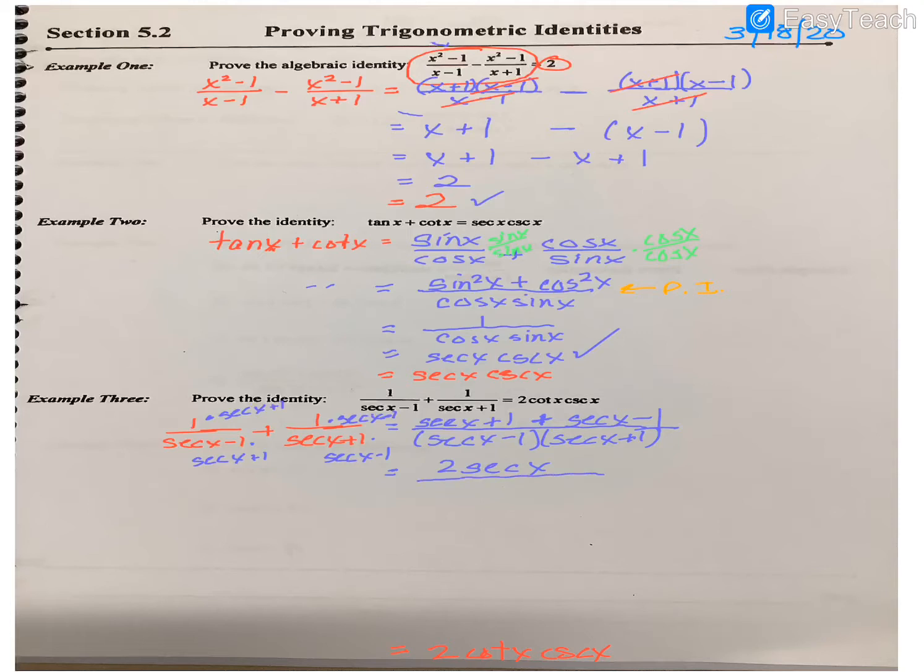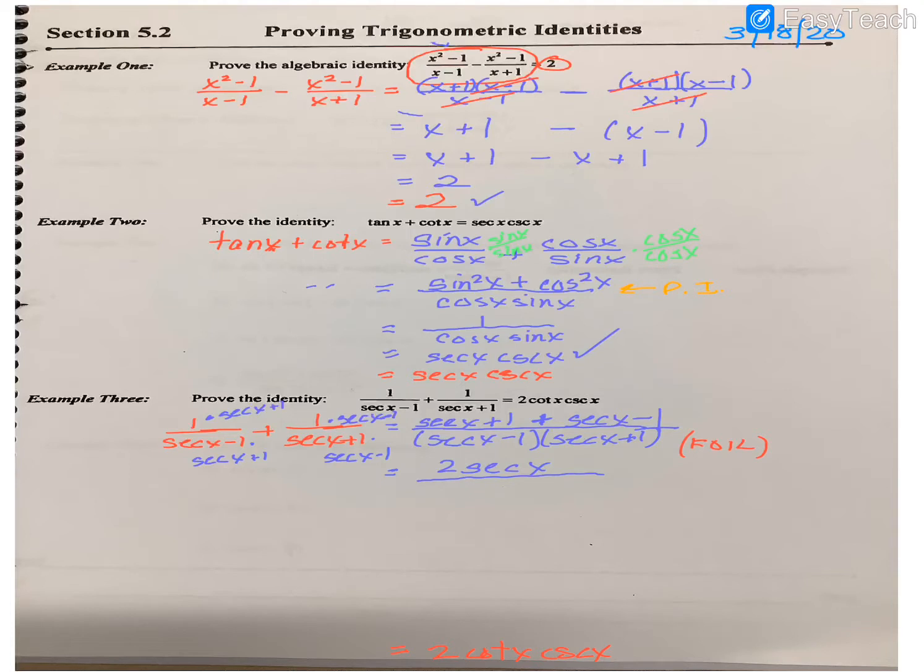Denominator. Okay, guys, this is one of those things we've talked about before. Do we multiply that denominator? Do we not multiply that denominator? And it's really one of those things that's hard to tell. I'm going to tell you in this situation, I am going to have us multiply the denominator. So how do we multiply secant x minus 1 times secant x plus 1? And hopefully you remember that means we need to FOIL.